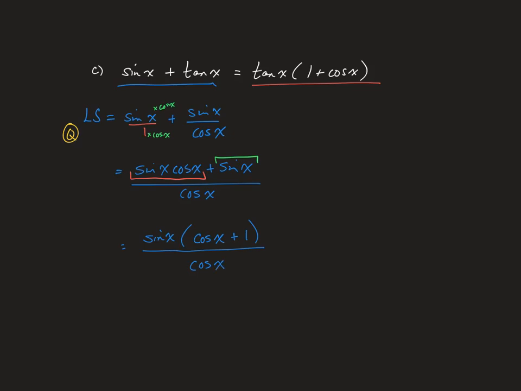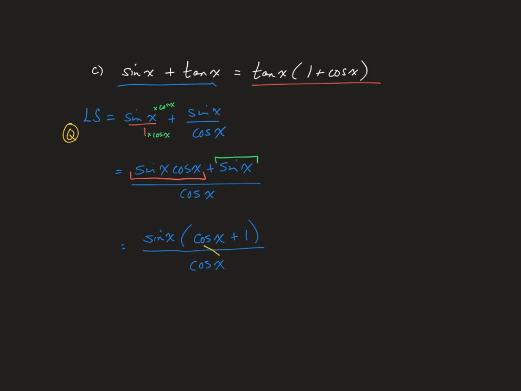And now that I have that, I can get down to that point. Maybe some of us can even see where we would go next. We're one line away. How many terms do I have on the top? We're down to one term, which means I can do this division.